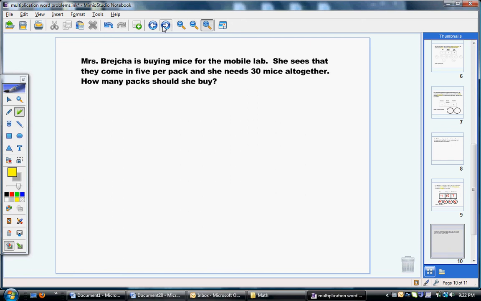Now that you understand how the problem works, you can go ahead and draw your picture. The last thing you have to do is count up your answer.